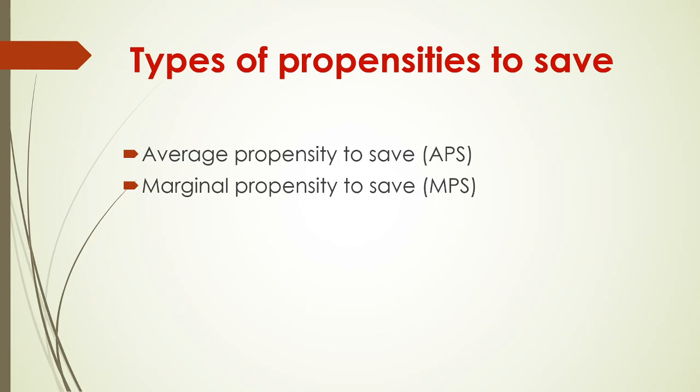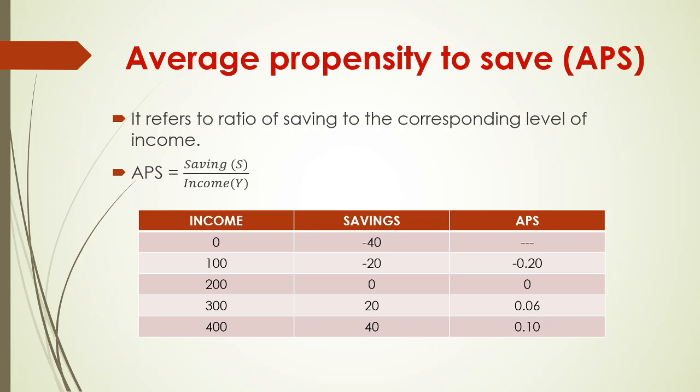APS, average propensity to save. So average propensity to save is the ratio of saving to the corresponding level of income. Like APC was the ratio of consumption to the corresponding level of income, APS is the ratio of saving to the corresponding level of income.